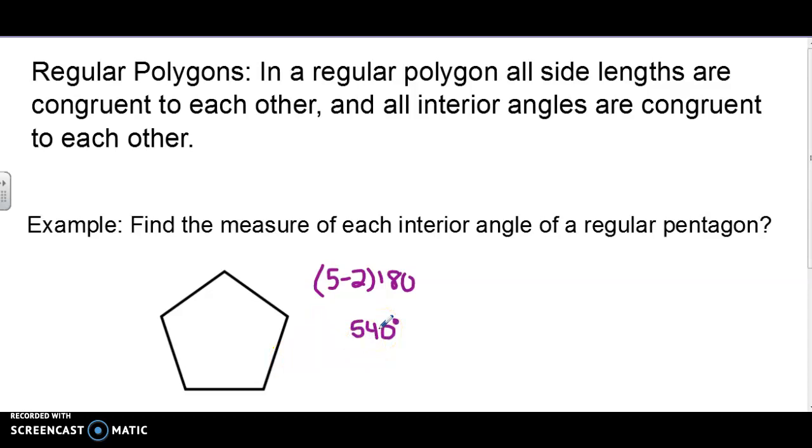So if we want to find out what one of those angles is, we need to divide 540 by 5, since they're all the same. That's why this works. If I do that, I would get 108 degrees. So the measure of each interior angle of the regular pentagon is 108 degrees.